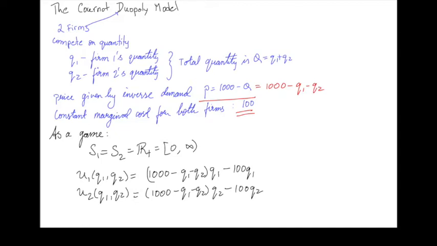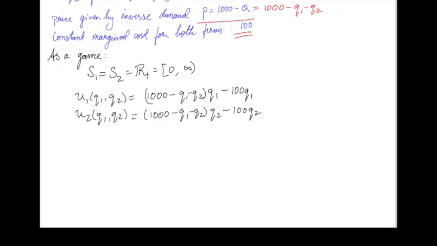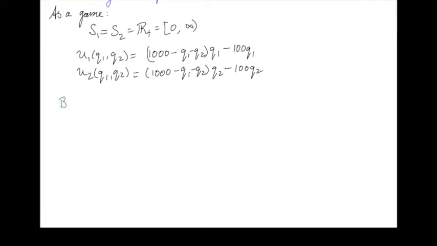Each firm has to simultaneously decide the quantity that it wants to produce. The best response function for firm 1 tells you, as a function of the quantity chosen by firm 2, what is the quantity that firm 1 should choose to maximize its payoff. So it's a solution to the following problem.